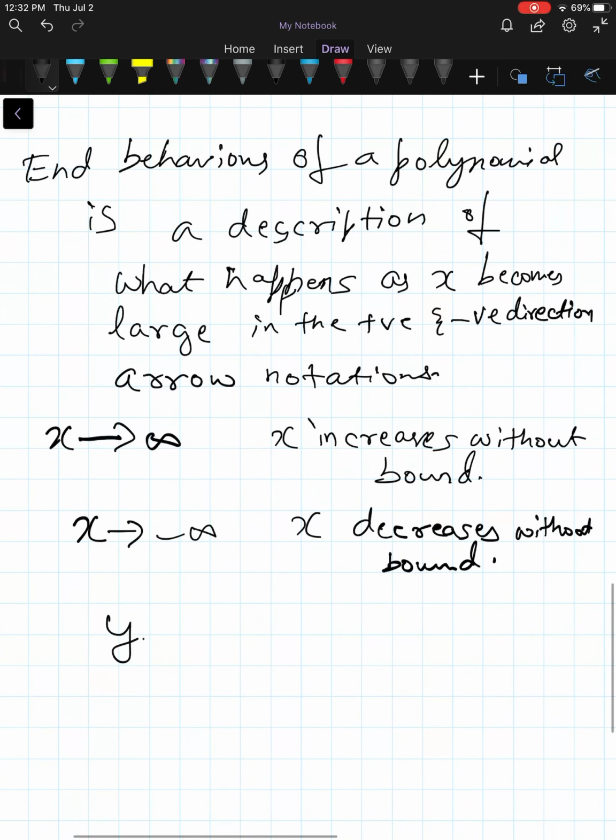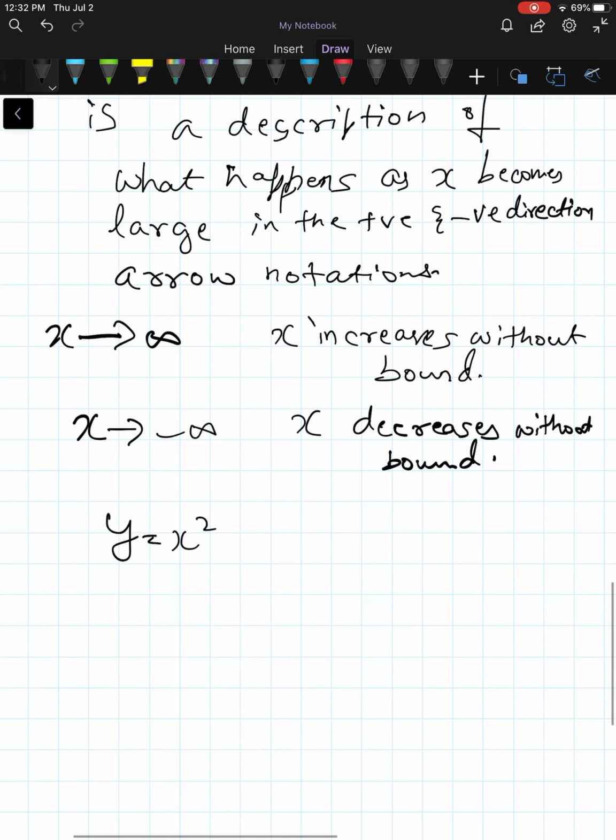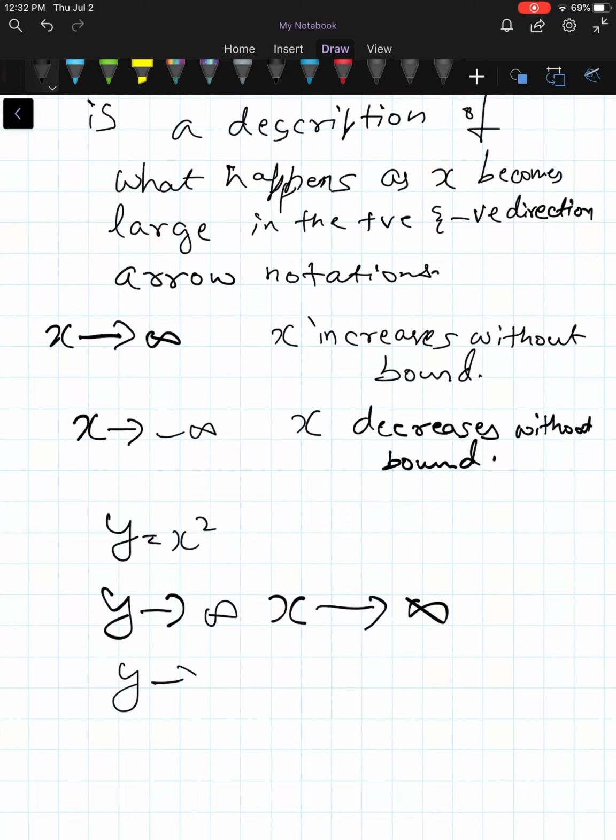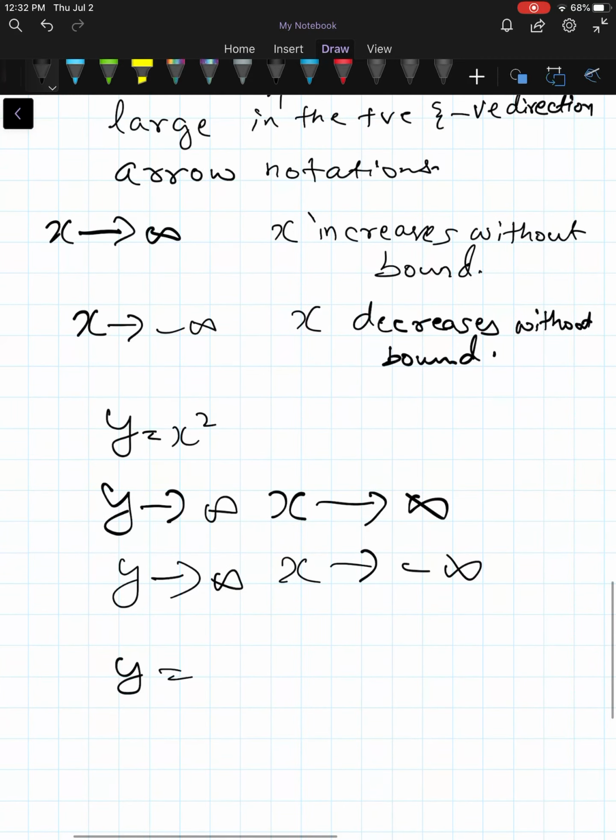For example, consider y equals x squared. You take input values to be negative or positive. If you square them, you will always get a positive output. So y tends to infinity as x tends to infinity, and y again tends to infinity as x tends to negative infinity. Even if x takes negative values, y tends to infinity in both cases.